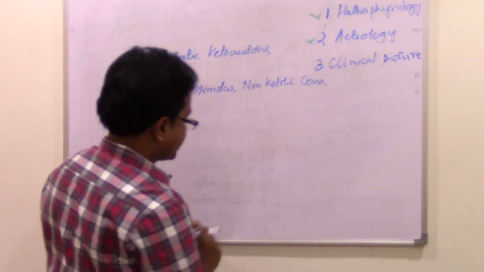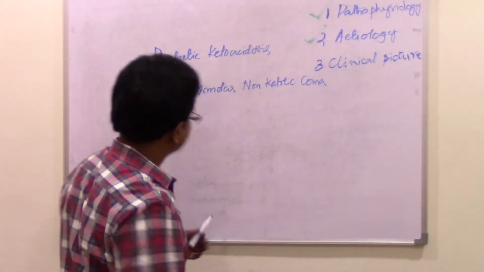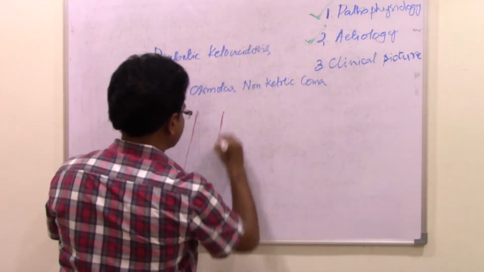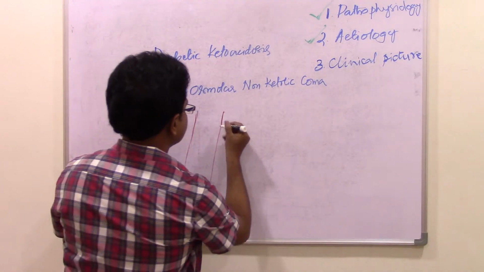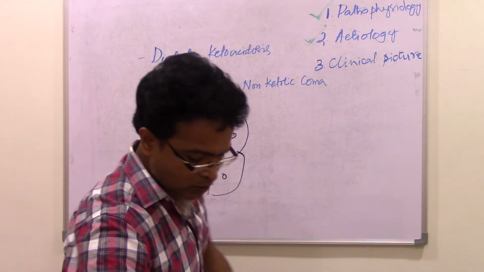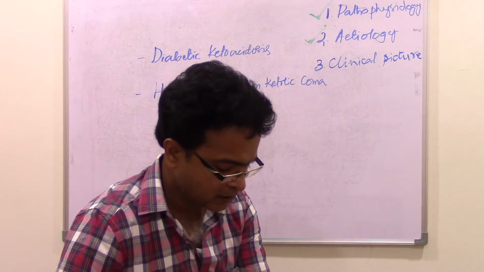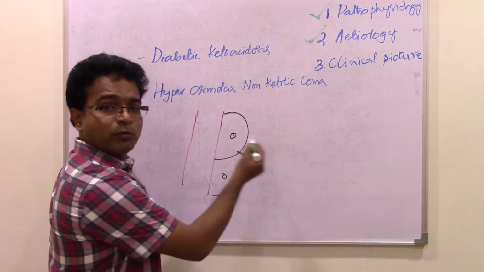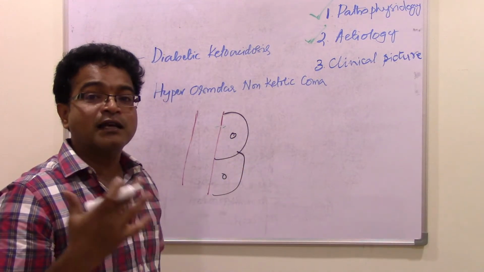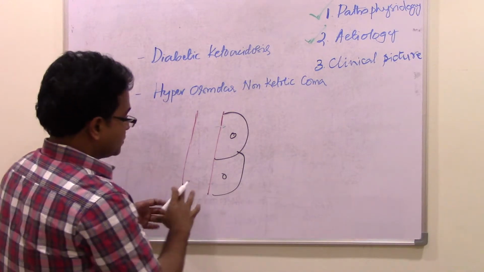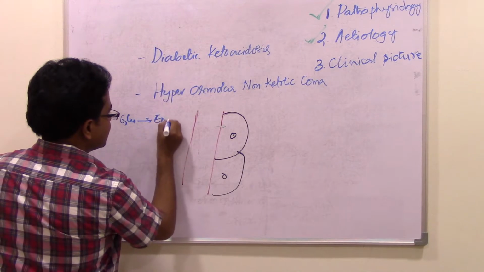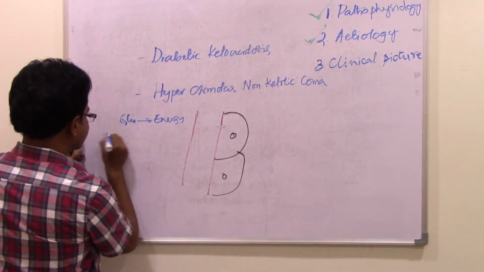Okay, so let's say this is a cell, right? Now the glucose molecule is coming into the cell, but it is not able to be metabolized, so it needs some kind of food. When the glucose is not giving energy, the body's alternative fuel is triglyceride.